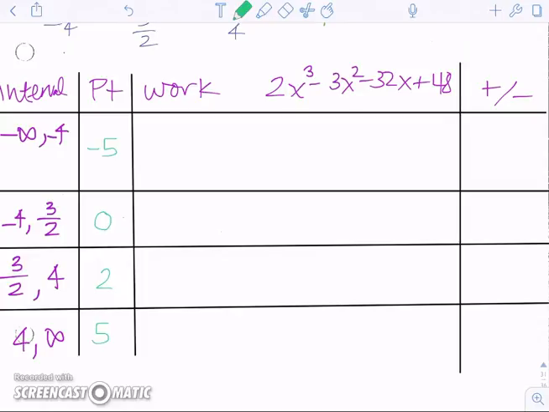So what I'm going to do now is plug in my values and see whether or not it ends up being positive or negative. So again, I'm not so much concerned about the actual number as I am about the signs. So this is going to be 2 times negative 125.